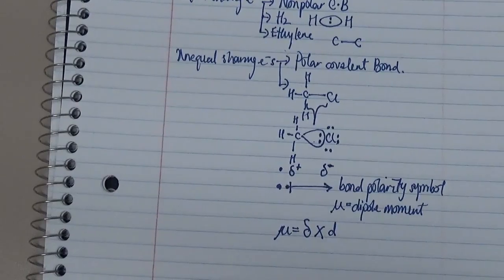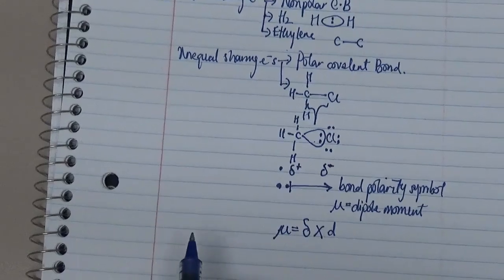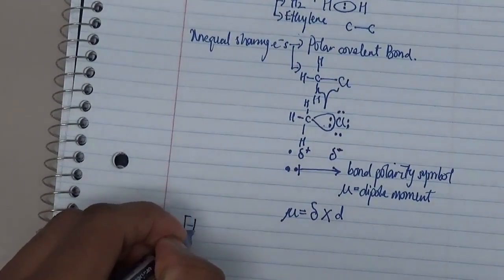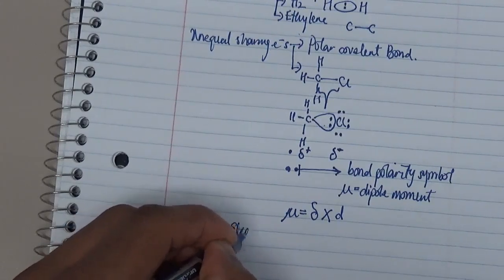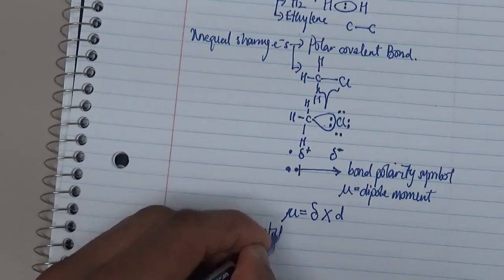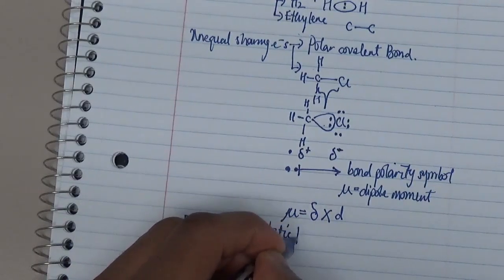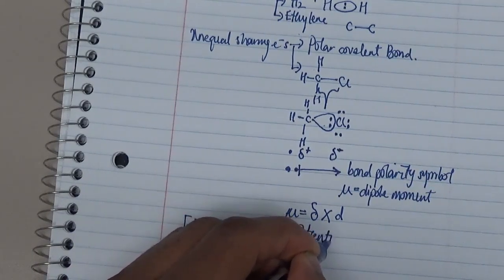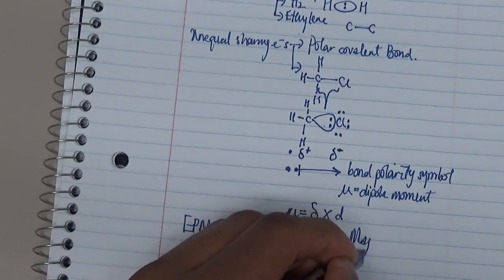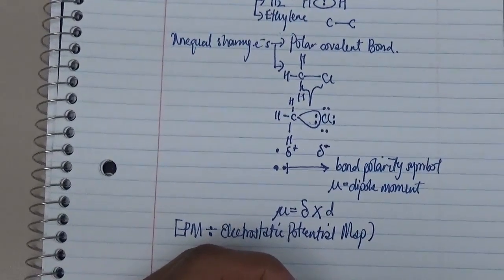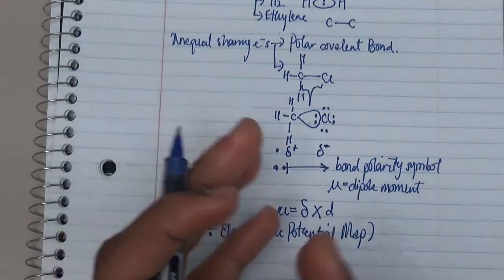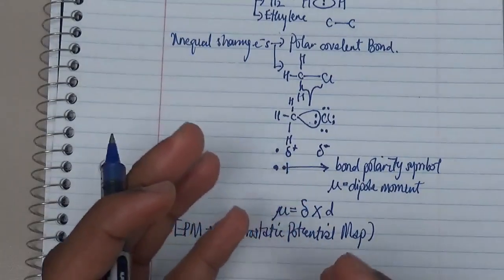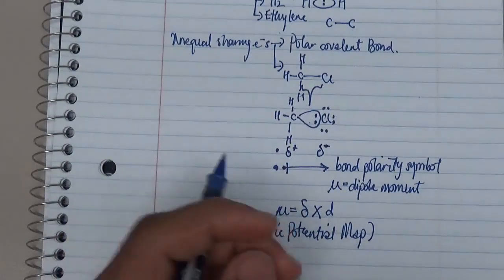The tools mostly used in measuring the degree of polarity include the EMP, which means electrostatic potential mapping. This kind of mapping uses various colors to illustrate the distribution of charges within a molecule.